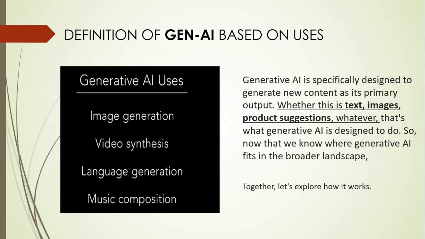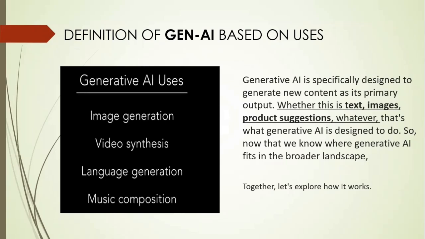It is behaving very similar to humans. So you can see generative AI is specifically designed to generate new content as its primary output, whether this is text, image, product suggestions, whatever is new, that's what generative AI is designed to do.